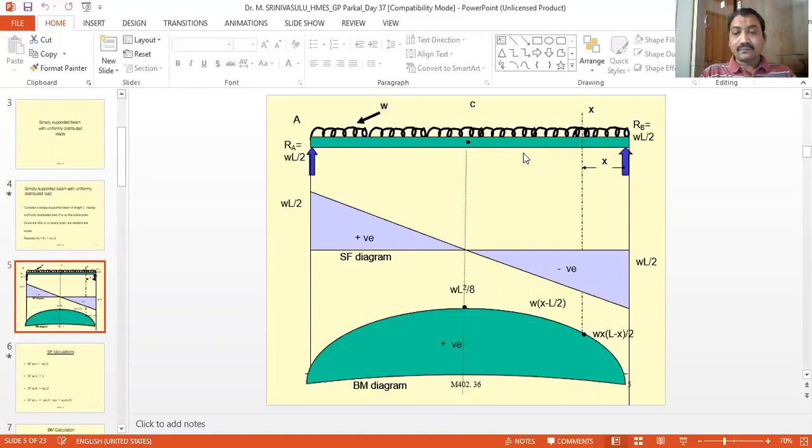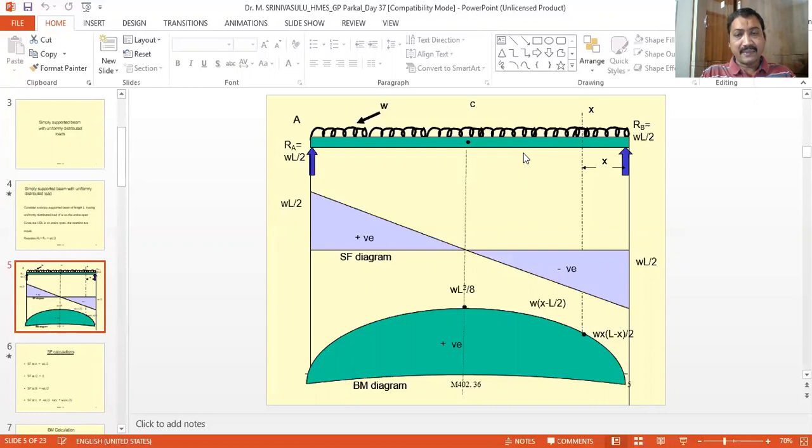If we compare this with the SS beam carrying a point load at the midpoint, in that case the total load is shared by the two supports.